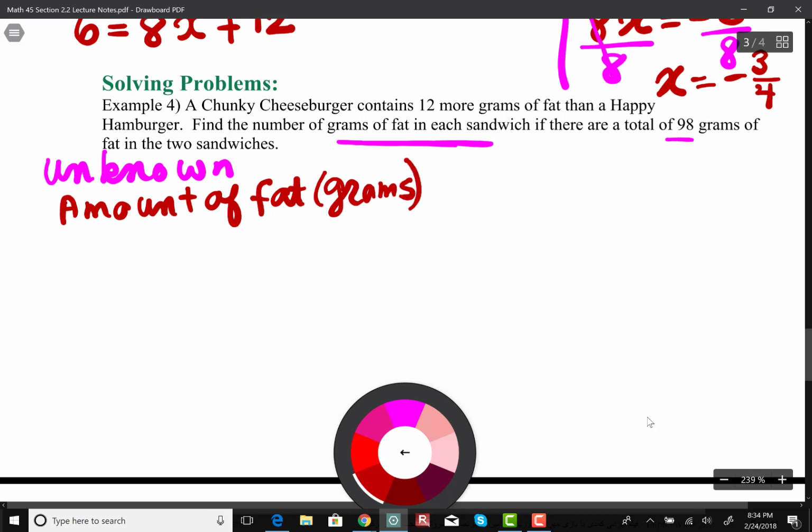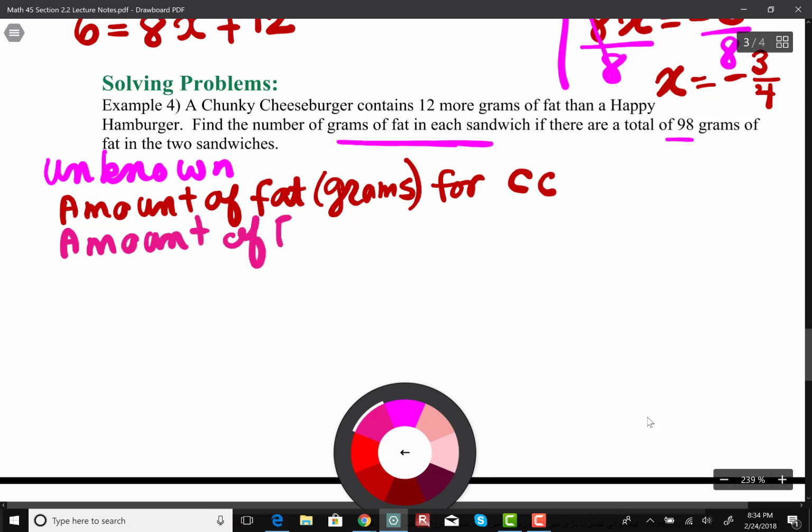For Chunky Cheeseburger, I'll just put CC for Chunky Cheeseburger. And then the other one, let's do a different color. This one is also grams for Happy Hamburger. These are unknown.